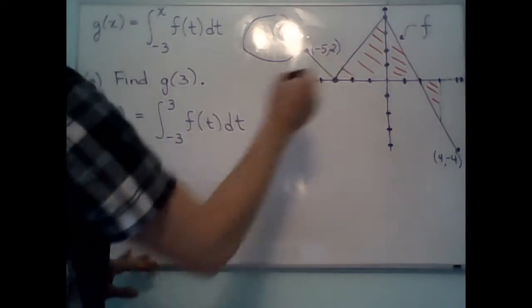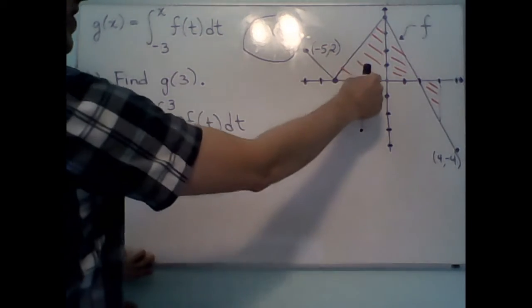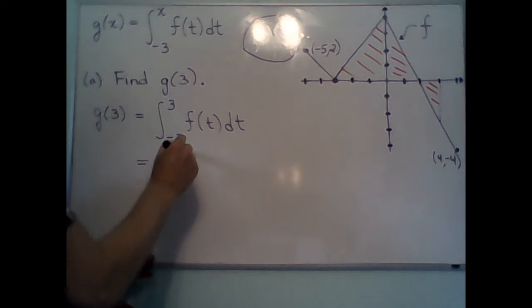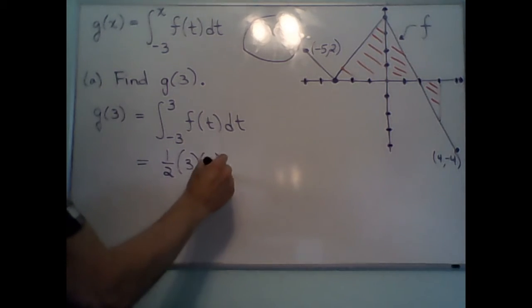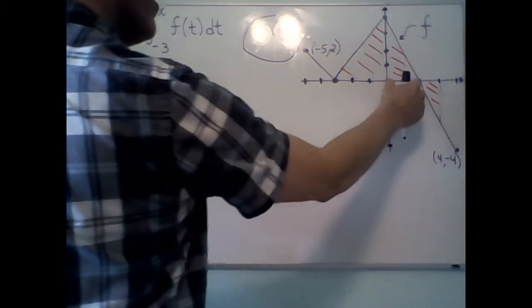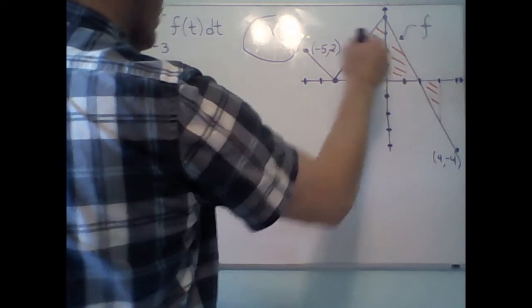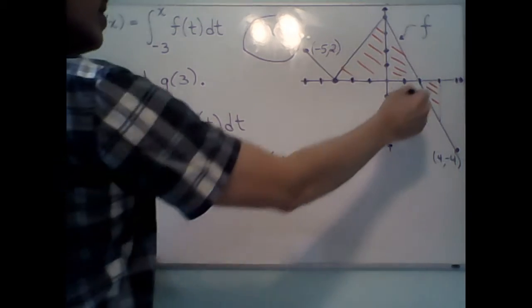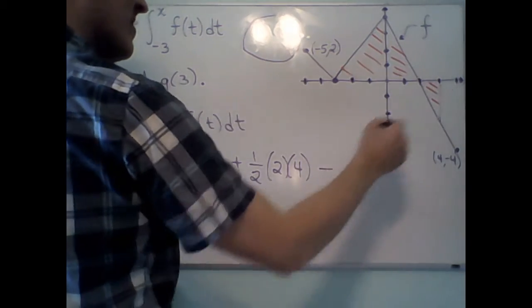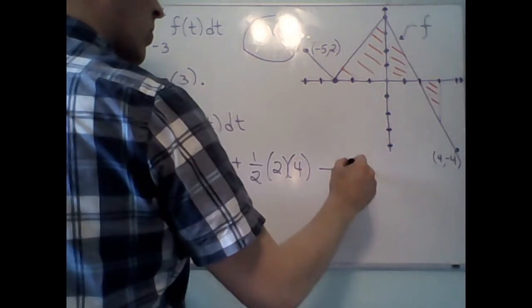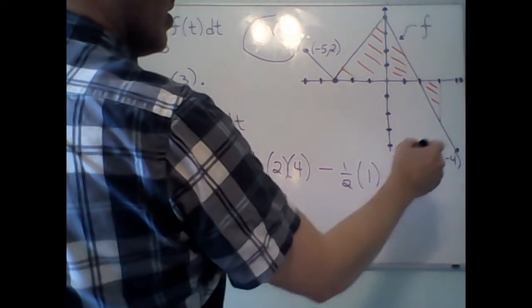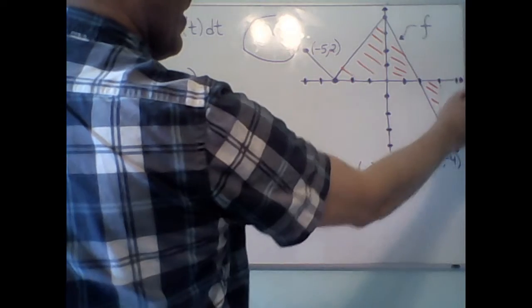So the area of this triangle, shaded red right here, is 1/2 base times height. That's 1/2 3 times 4. And then the area of this triangle is 1/2 2 times 4. And because this is below the x-axis, I've got to subtract it. It's signed area, so that triangle has area -1/2 1 times, and this goes over 2 and down 4.